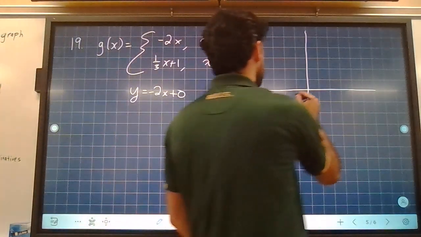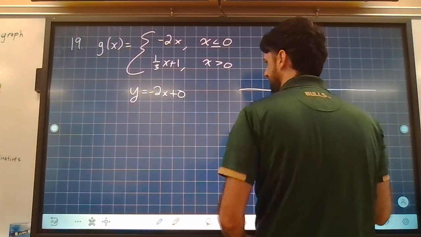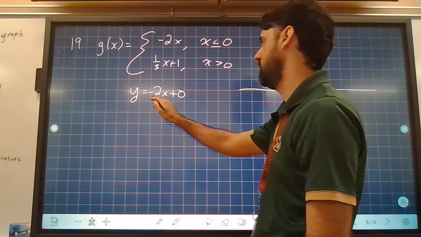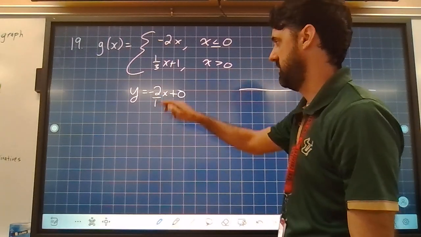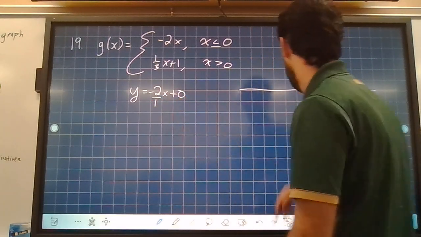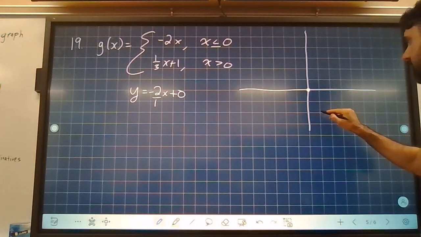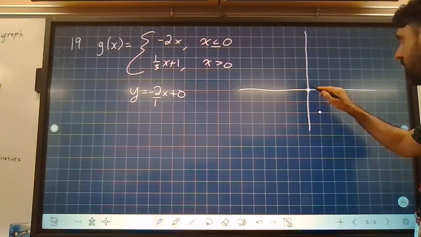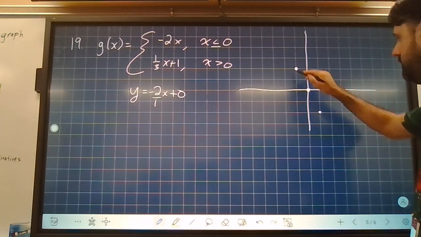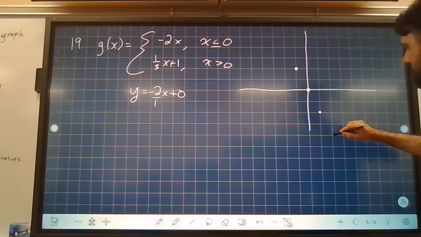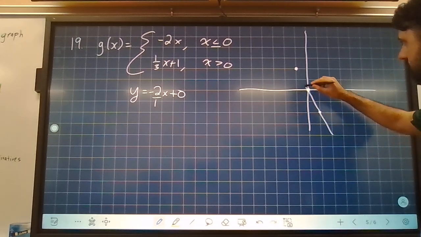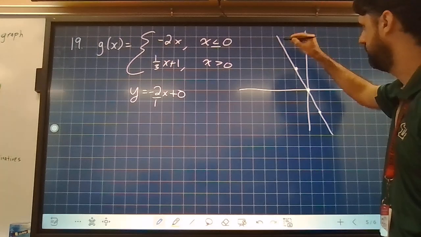And so this graph is going to start at the origin, and it's going to have a slope of -2, which is being divided by 1. So this is our rise, this is our run. So from that point, I can go down 2 and right 1, or I could go up 2 and left 1. Okay, and then we just draw a line through those points right there.